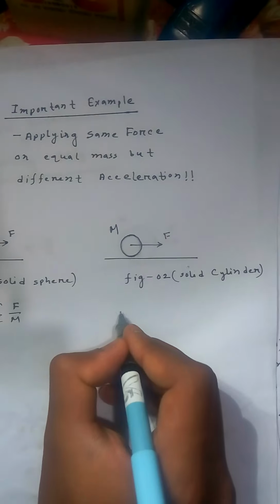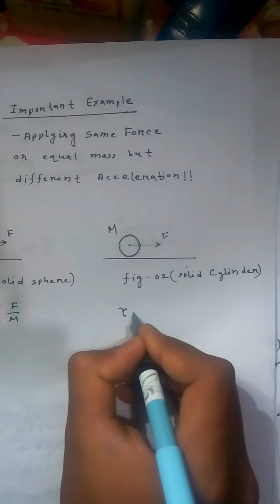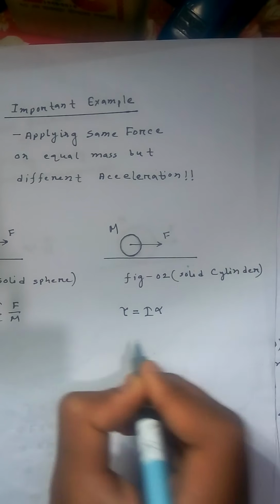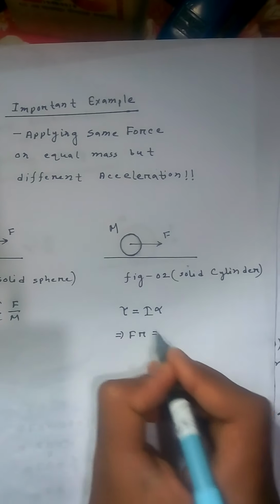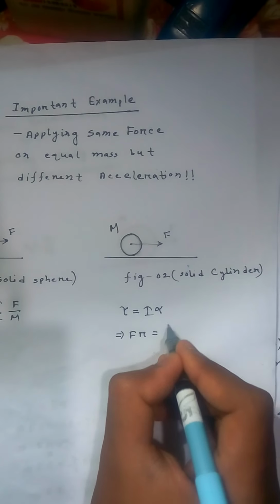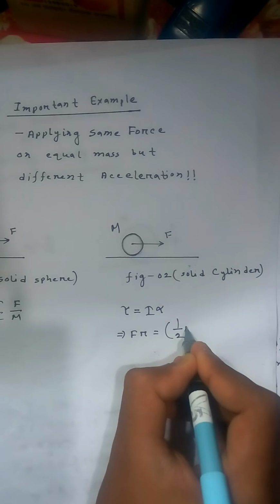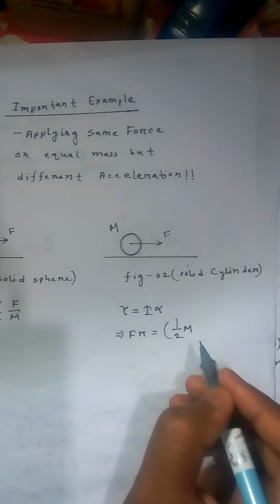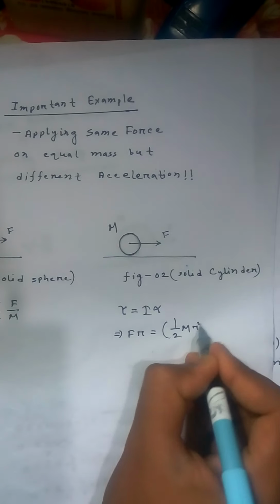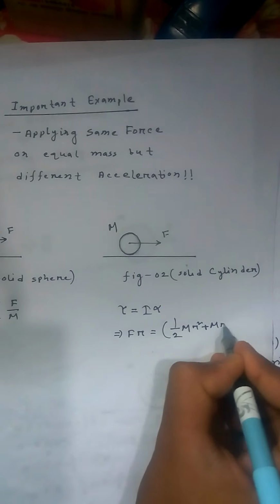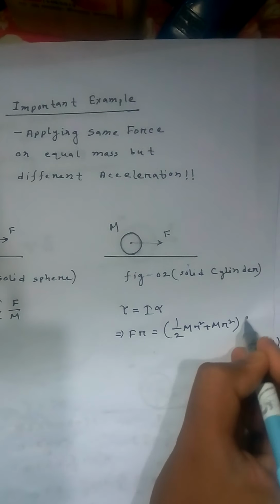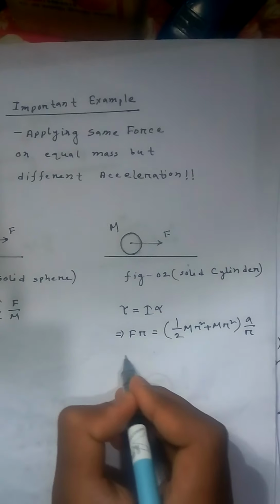We know that torque is equal to I alpha. What is the torque? F r. We know that I will be half m r square plus m r square, into alpha, which is a by r.